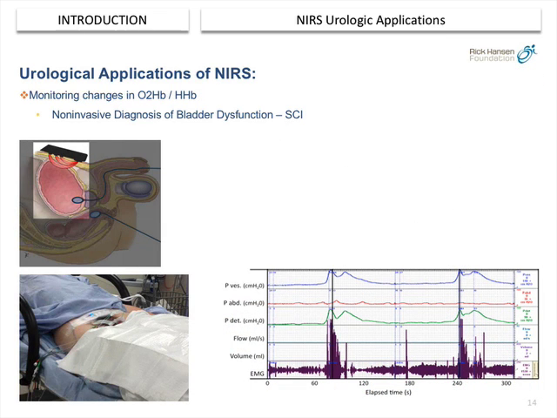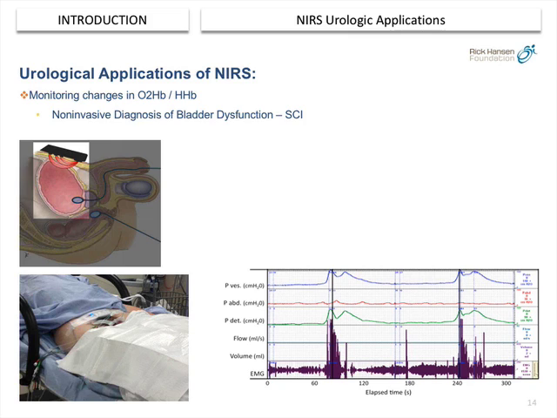In a Rick Hansen-funded study at Dr. Michael's clinic, for the first time again, we looked at bladder function in people with spinal cord injury simultaneously with a urodynamics study. Here you can see a report of a urodynamics study in an overactive bladder in a person with spinal cord injury.